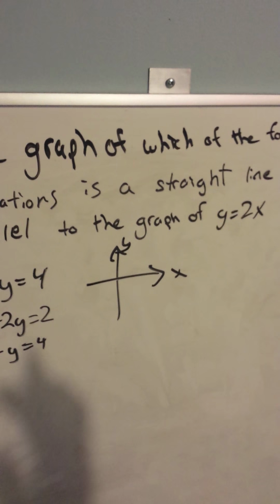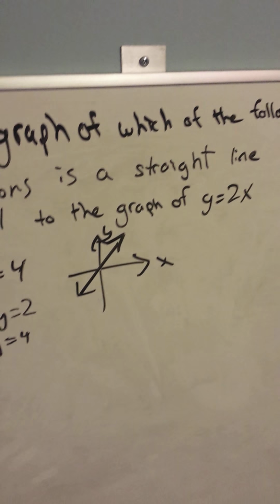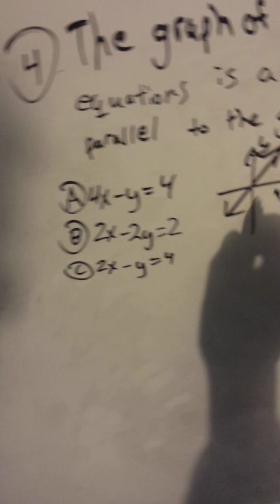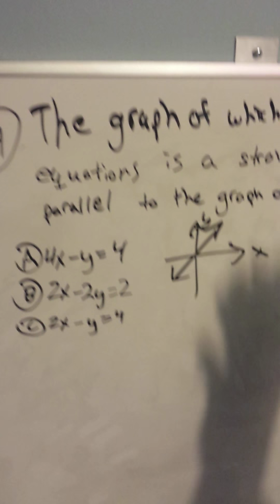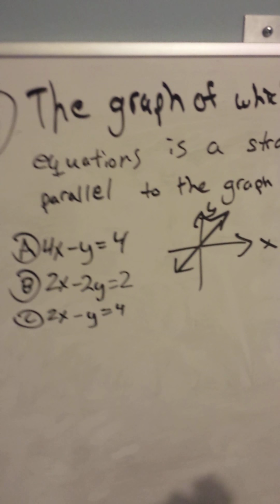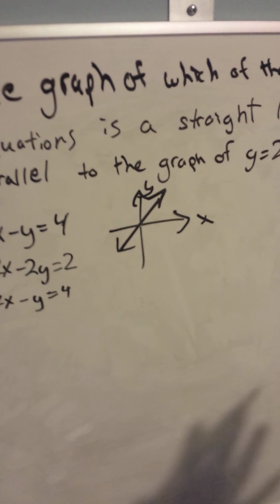If I were to draw a random straight line like this one, and I wanted to figure out what's parallel to this line, I would have to get the slope of this line and just basically create another equation that has the same slope but different y-intercept.